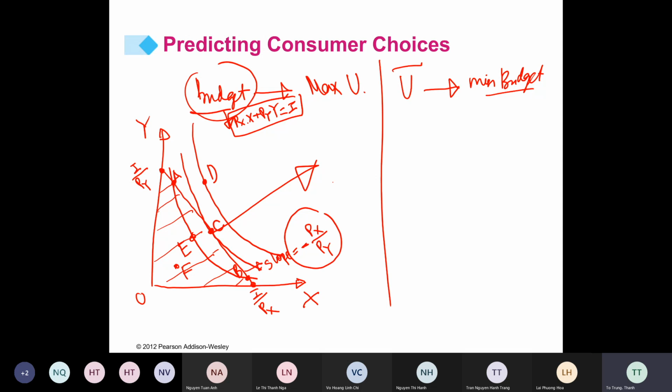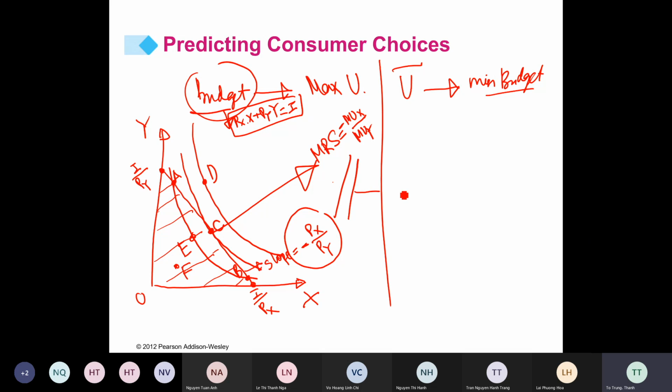What is the slope of the indifference curve? That is MRS, right? And MRS at this point is equal to minus MUX by MUY. So at point C, because two curves are tangent, two slopes are the same. So we get minus px by py equal to minus MUX by MUY.